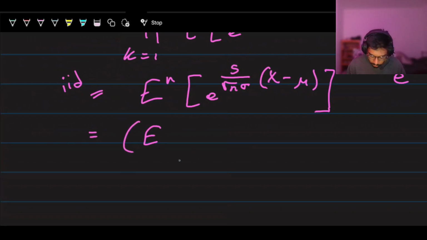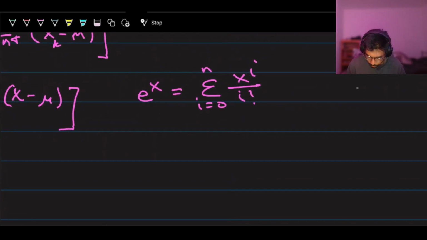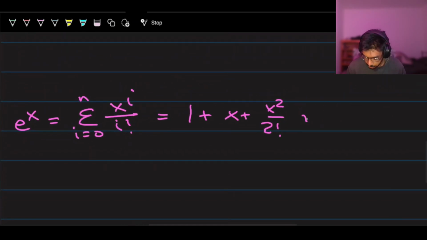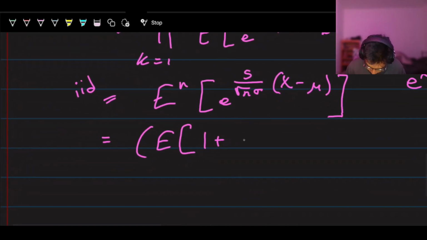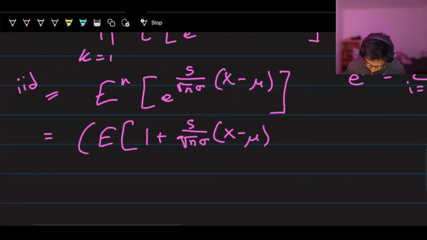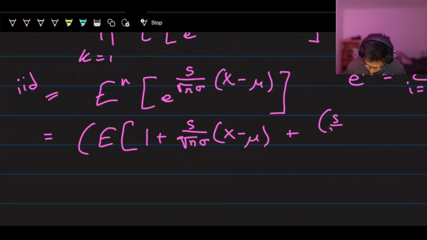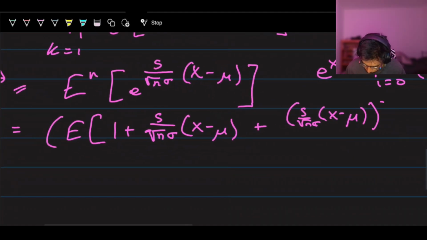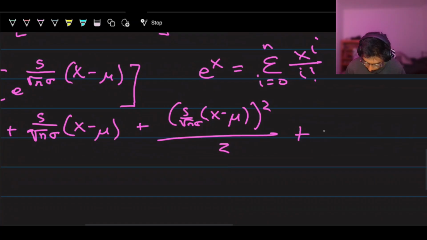So that's the expectation of 1 plus s over root n sigma times x minus mu, plus s over root n sigma times x minus mu squared over 2 factorial, plus higher order terms.